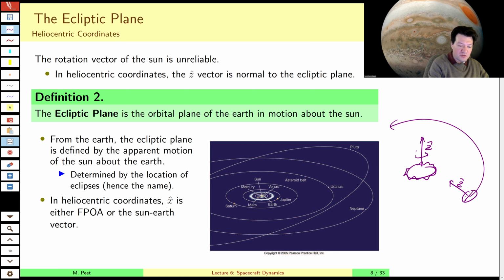Okay. So this orbit of the Earth defines an angular momentum vector, basically being the vector perpendicular to the orbital plane of the Earth.